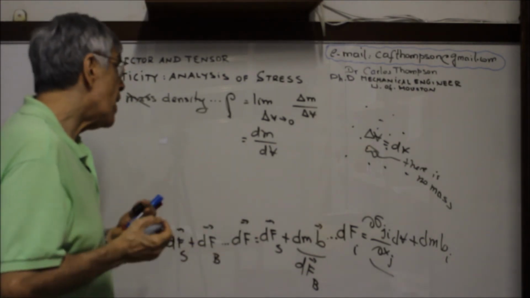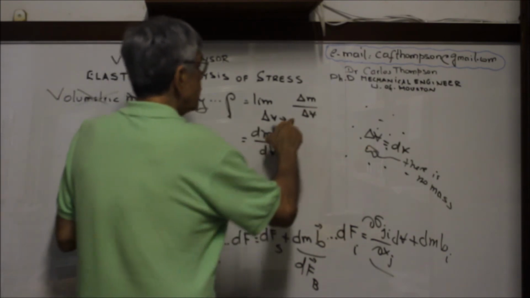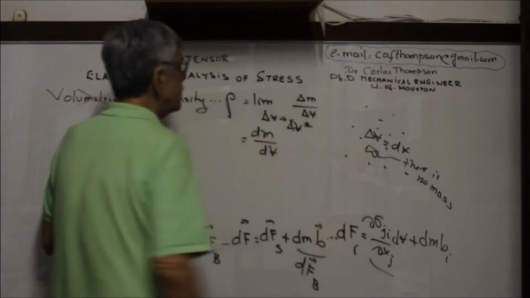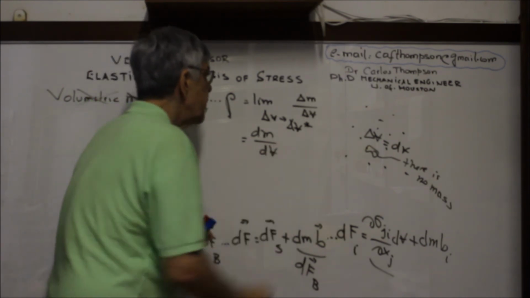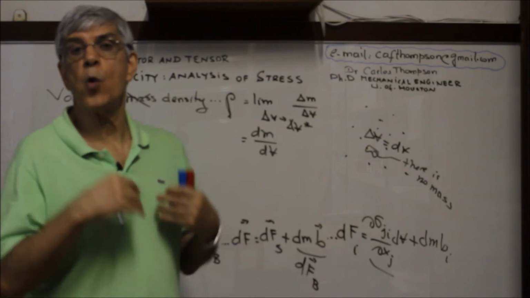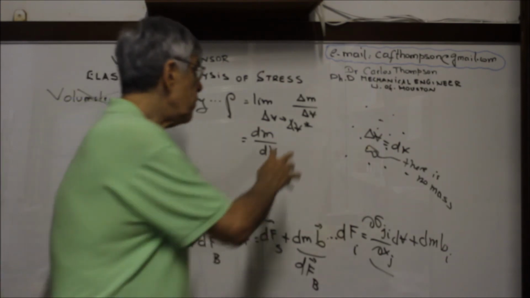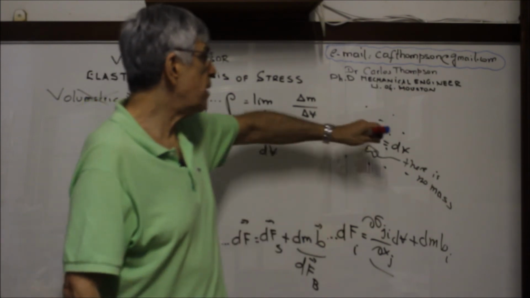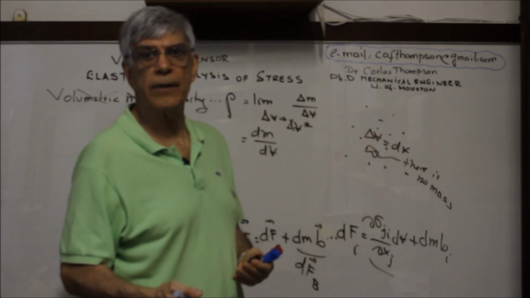That's why I like to use delta V asterisk here. Delta V asterisk is not as small a volume as I want, but is some volume which contains some molecules inside.